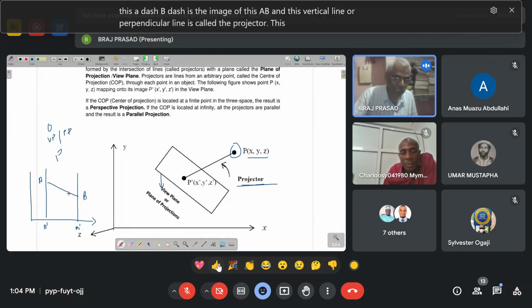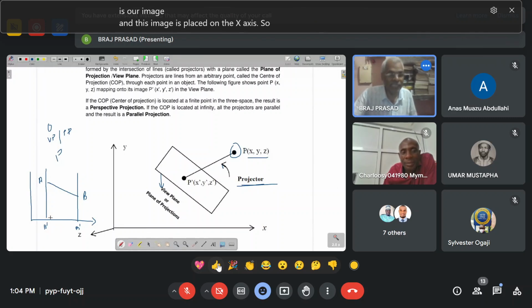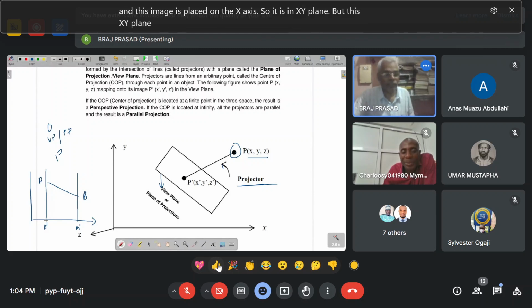This is our object, and this is our image, and this image is placed on the x axis, so it is in the xy plane. But this view plane may be different.